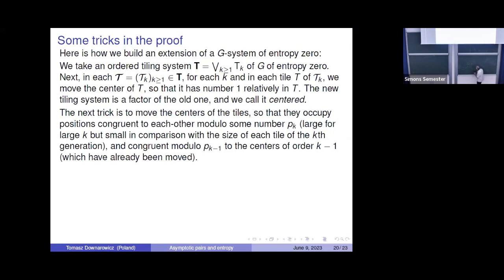And my center is here after centering the tiling. And now I decide that I want these centers to be congruent modulo maybe 5. So I choose here any number from 1 to 5 or to 4, maybe 4. And then I go 1, 2, 3, 4, 5.